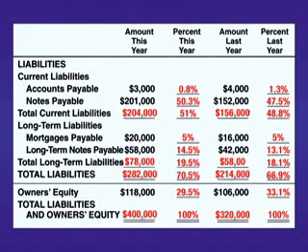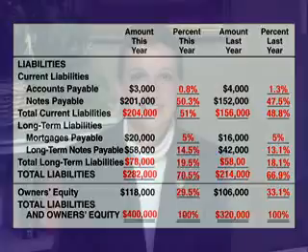Total liabilities, $282,000, which is 70.5% of total liabilities and owner's equity. And the owner's equity, $118,000, is 29.5% of the total liabilities and owner's equity of $400,000. Once again, you can perform these computations for last year's figures.